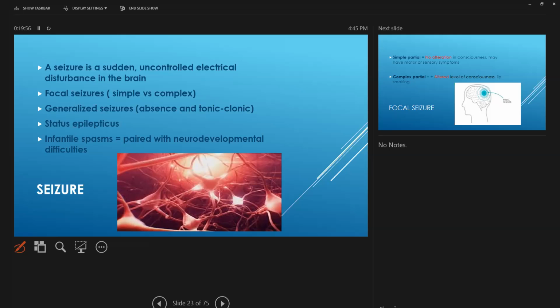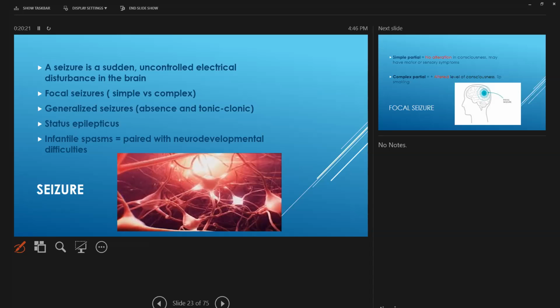So seizure, defined, is a sudden uncontrolled electrical disturbance of the brain. There can be focal seizures, which are considered either simple or complex, and then generalized seizures, which are your absence seizures and the tonic-clonic seizures. Status epilepticus is a seizure that lasts longer than 5 minutes.